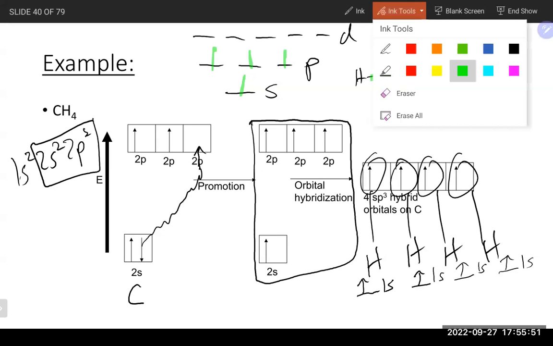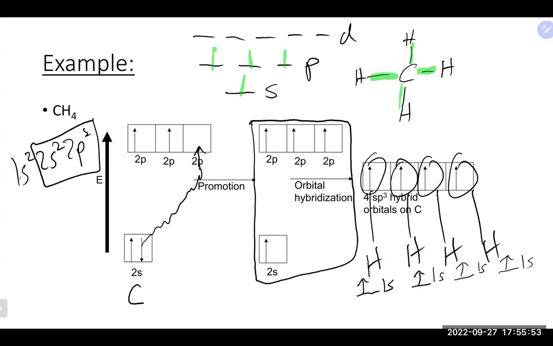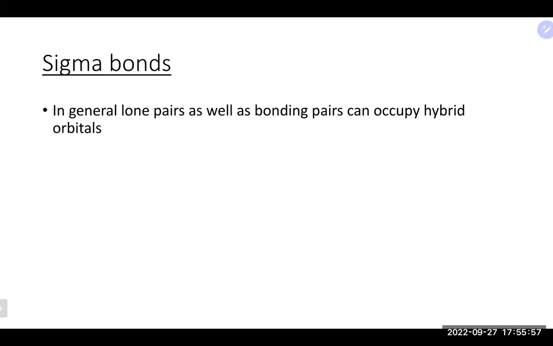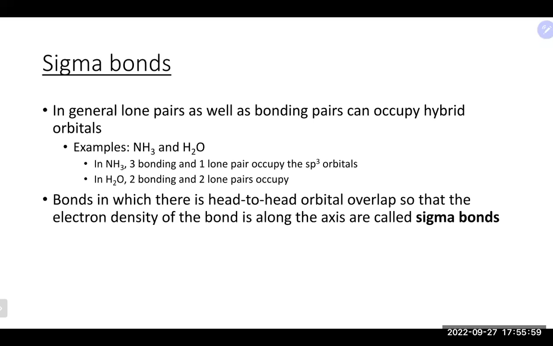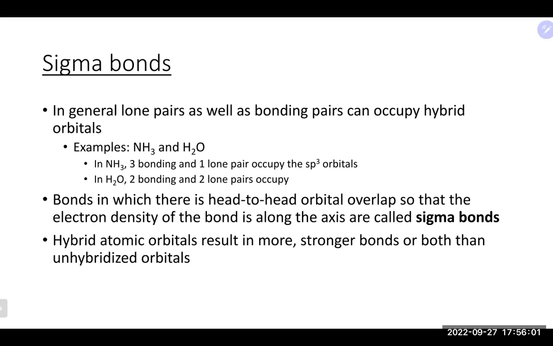Now, to answer that question we were just talking about. In certain cases, when we get that promotion of that lower electron up into the p orbitals, there are already electrons in all the orbitals. So that electron does need to go somewhere else. So a hybrid orbital can be occupied by lone pair electrons.